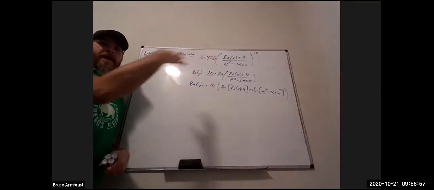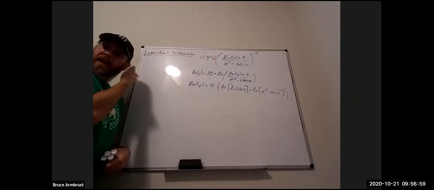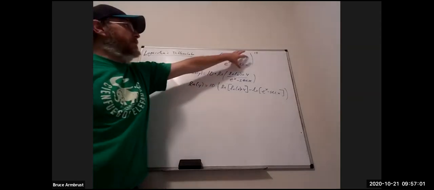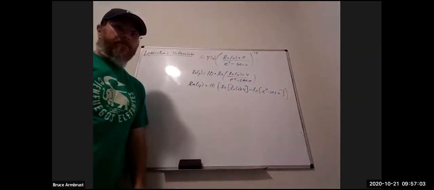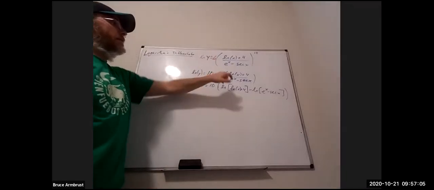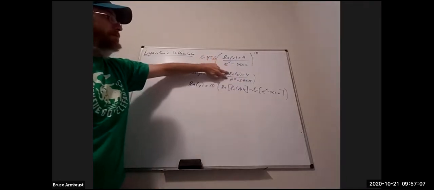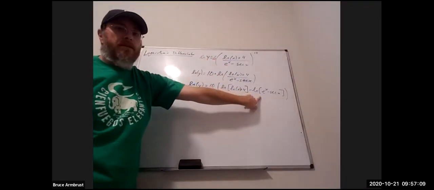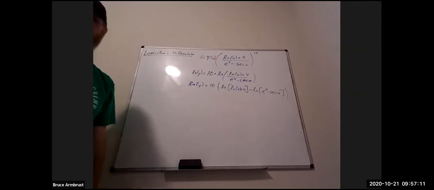Okay, so that power came out front. I did that first because the entirety was being raised to the 10 power. Then this piece with the division got split into the two subtractions.